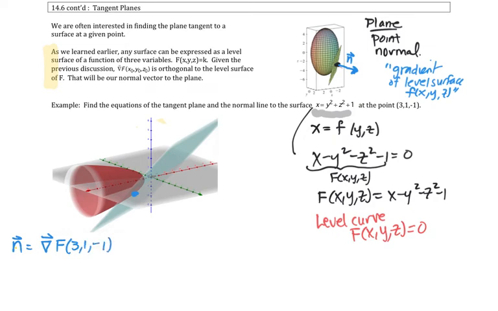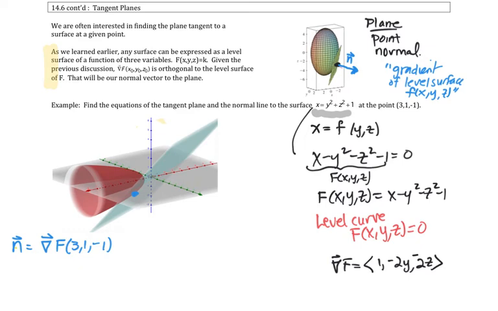Okay, the gradient of F over here: partial x, partial y, partial z. So partial x is 1. Partial with respect to y is negative 2y. And partial with respect to z is minus 2z.